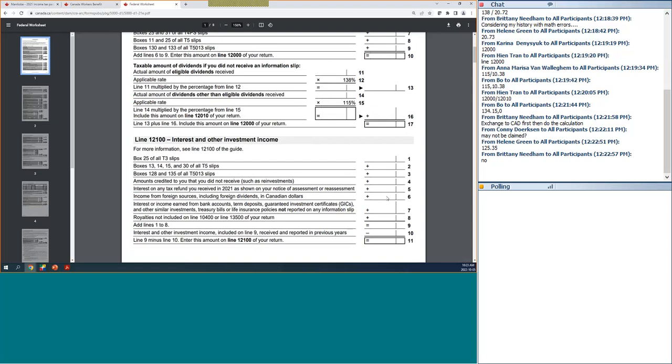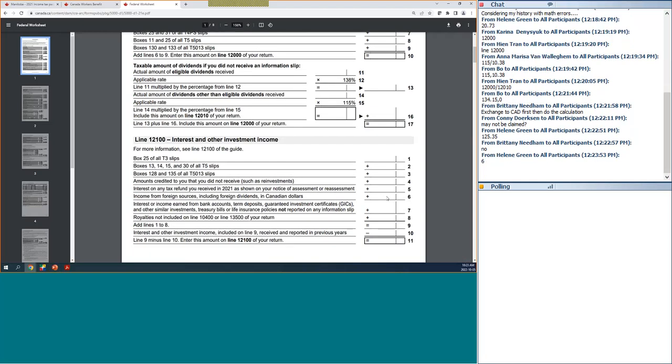On the federal worksheet, and then on the tax return, what line number are we looking for? Line number 6 on the worksheet in part 2, and it goes on line 12100. That's the trick. I told you it was a trick question ahead of time.